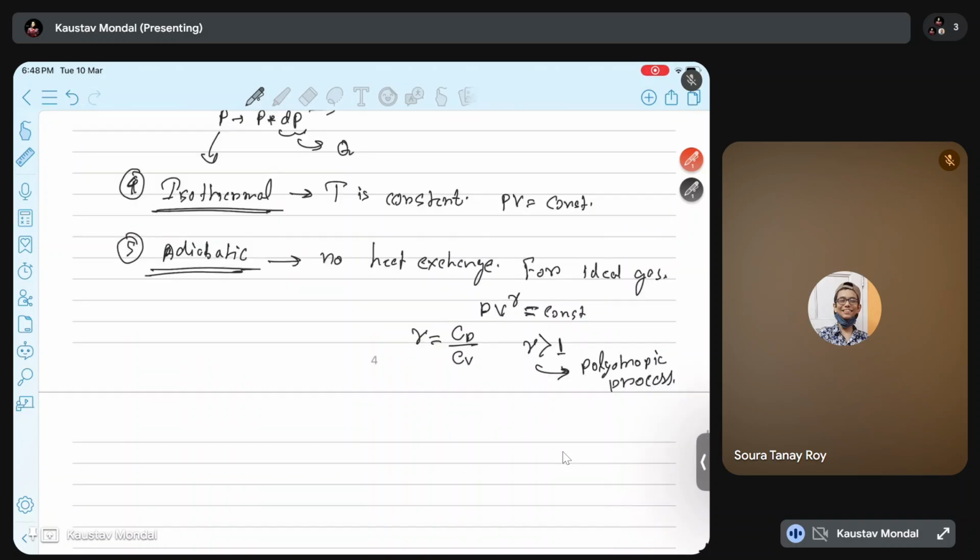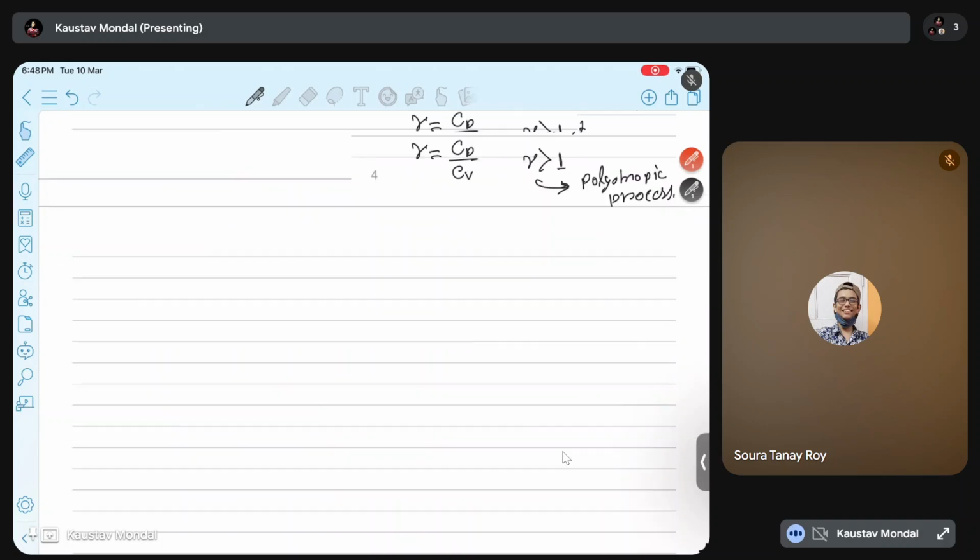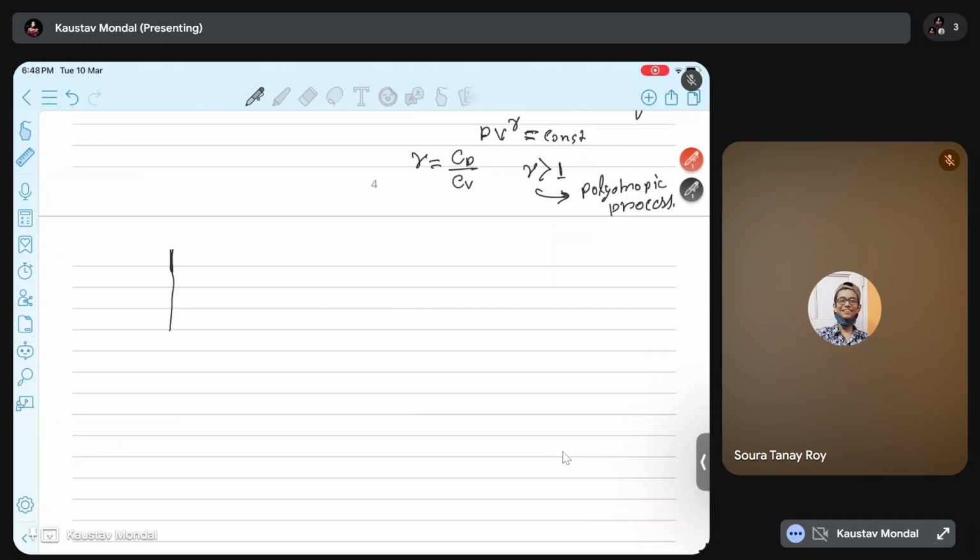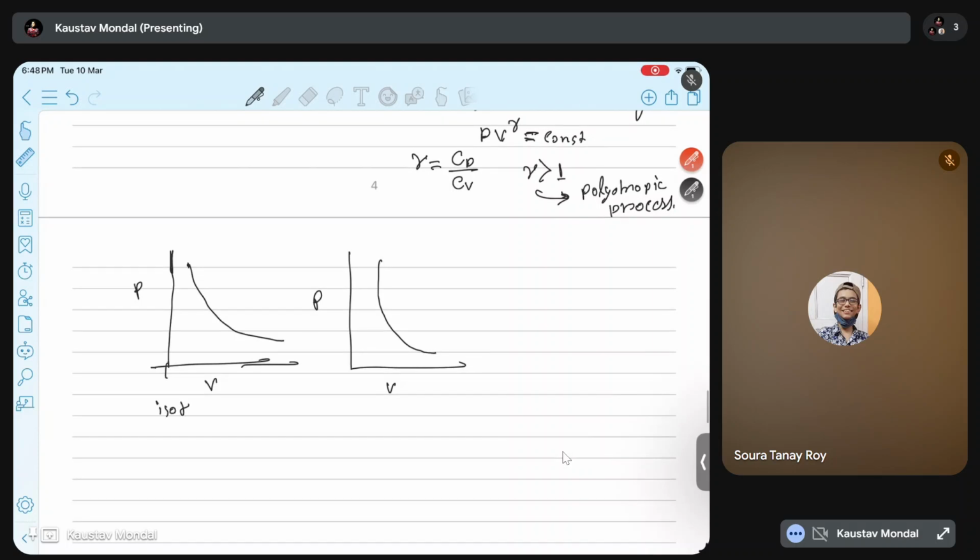For the case of isothermal and adiabatic processes, this is how the PV diagram looks. PV for isothermal looks like this, and for adiabatic it looks like this. The difference is that the slope of the curve is a bit steeper in the case of adiabatic. So this is isothermal, this is adiabatic.